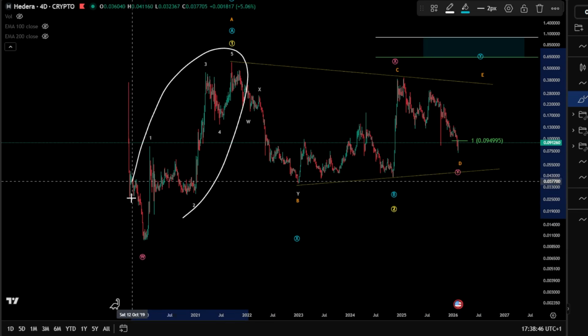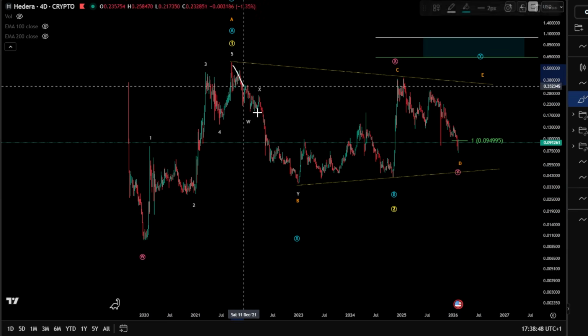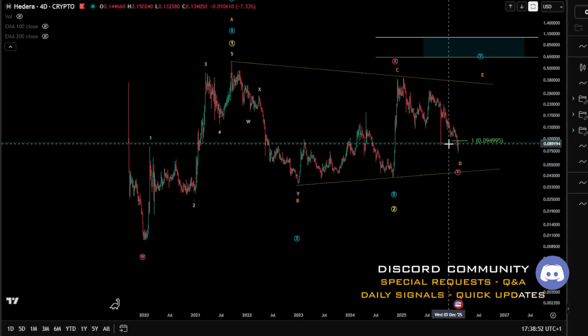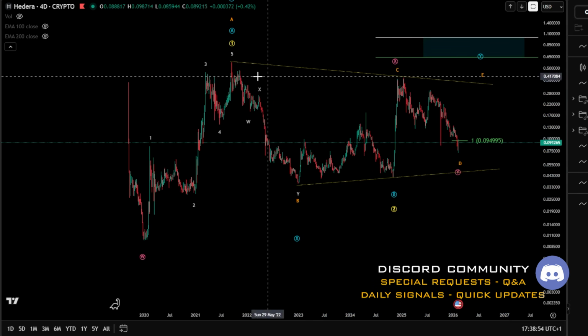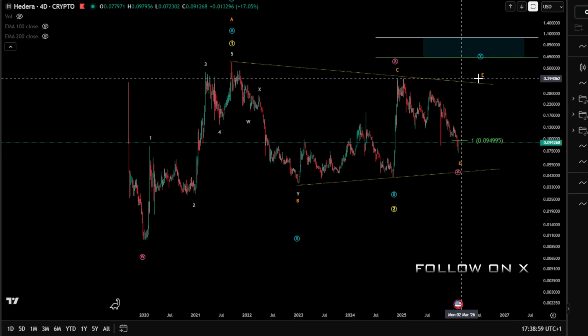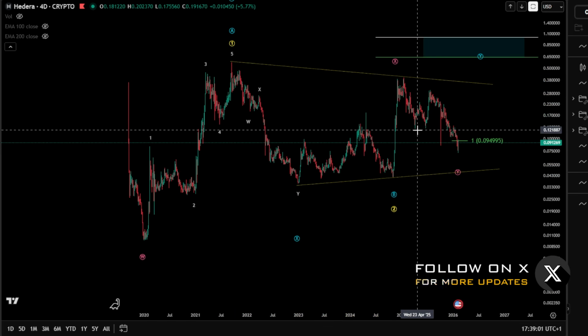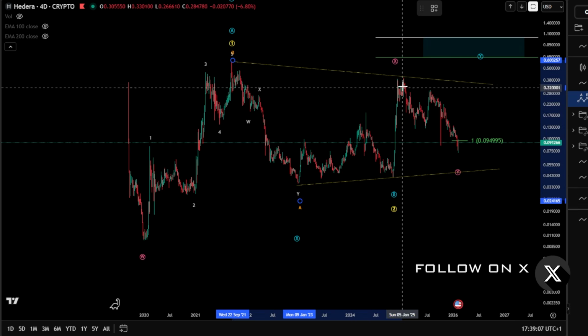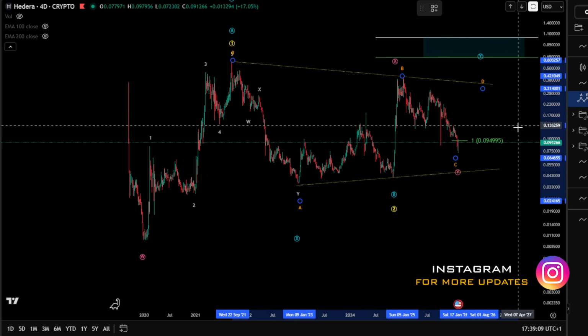Very low possibility. Higher possibility, of course, is that this is an impulse. Therefore, if you want to take a triangle, better to take it from there. But that means we are in a wave D. That means we are in a wave C right now, and then, of course, pushing later on toward the upside. So I'm going to remove this triangle, and I'm going to lay down this one because it's a much higher possibility there.